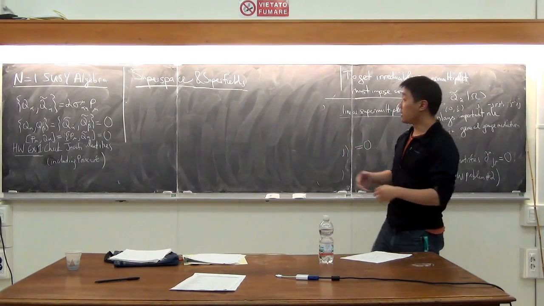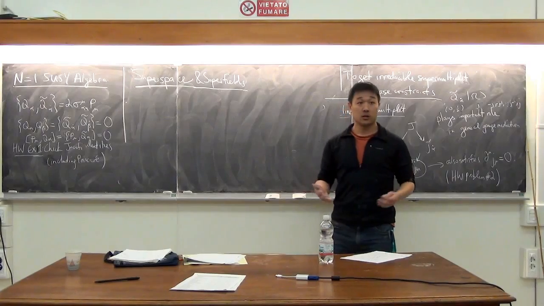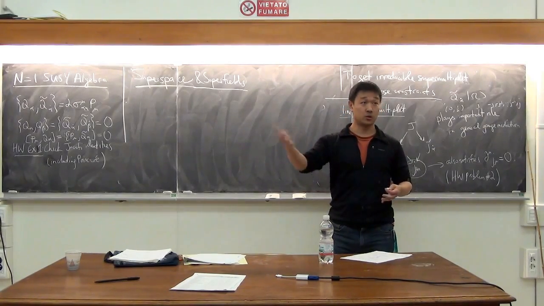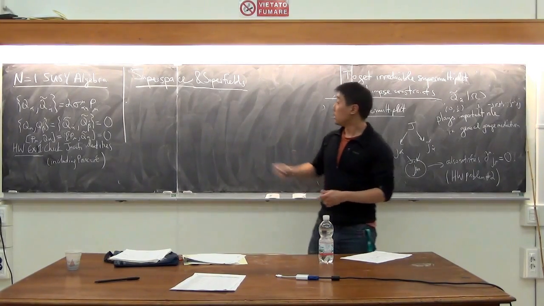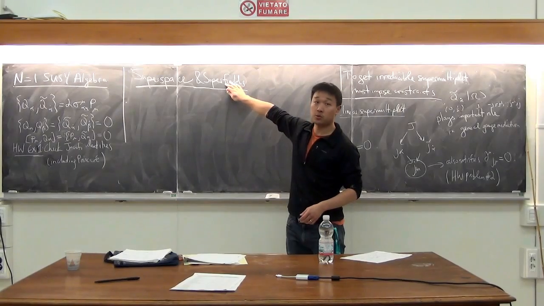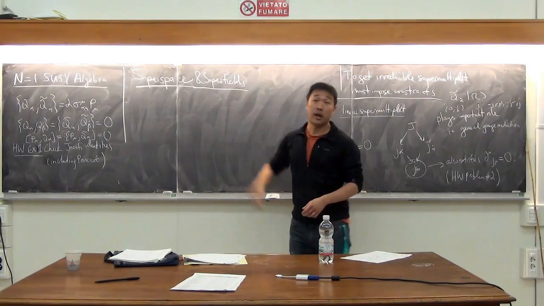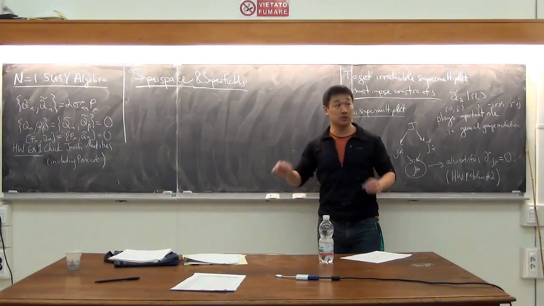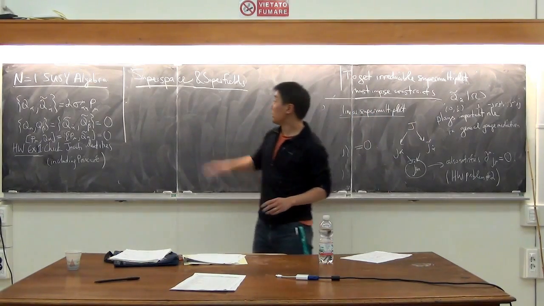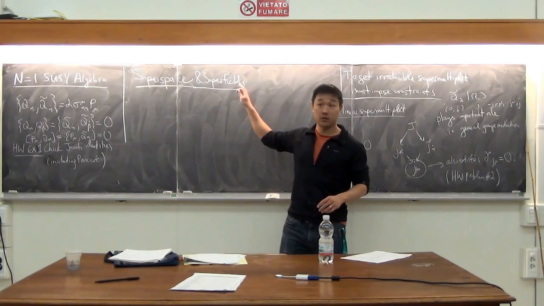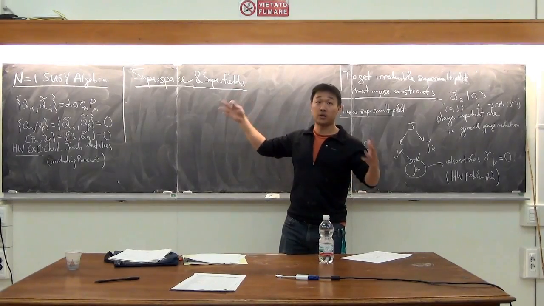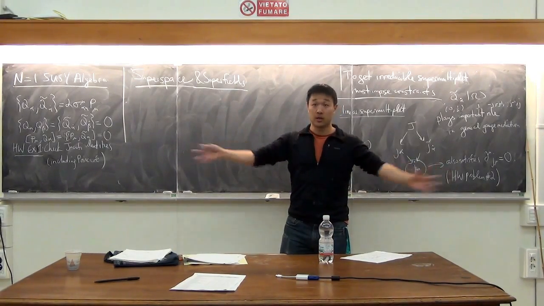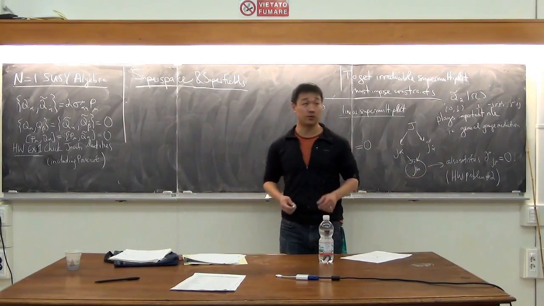Then your fields depend on these extra superspace coordinates, and so they become what are called superfields. This is clearly a very powerful approach, because a single superfield will now contain the entire supermultiplet. So it's a much more compact way of describing things.